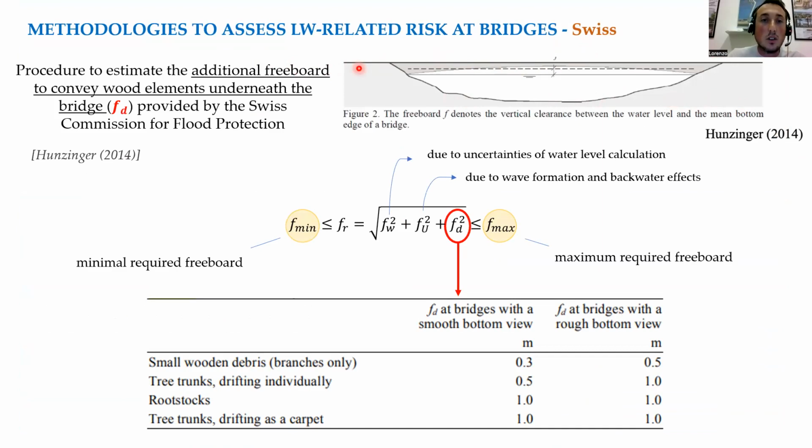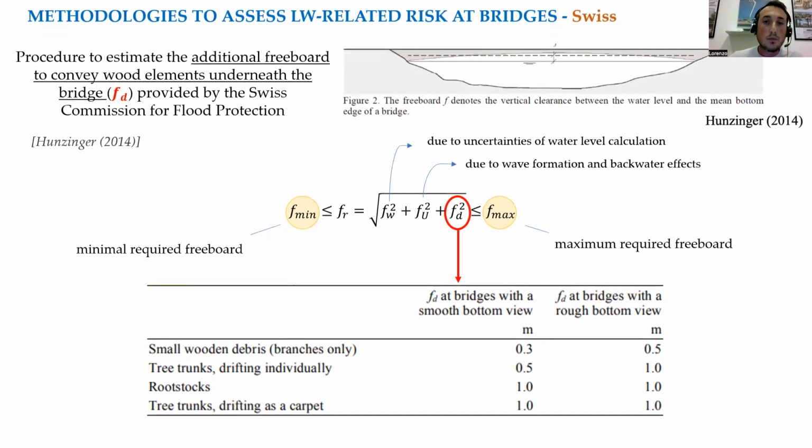In this case, the legislation provides a formula to determine the freeboard that could be considered by the designer in the case of large wood transport. This value comes from the table at the bottom of the slide, and is a function of the characteristics of the large wood elements and also of the characteristics of the bridge.